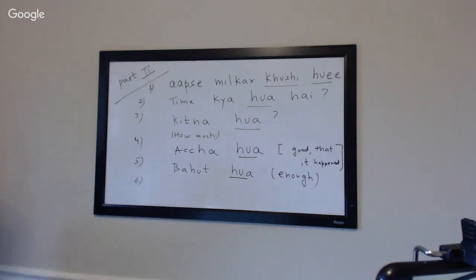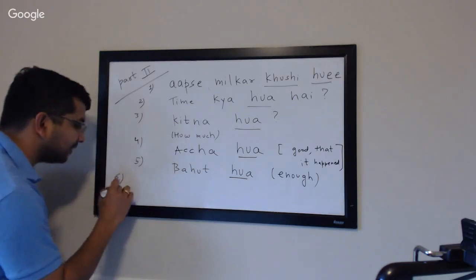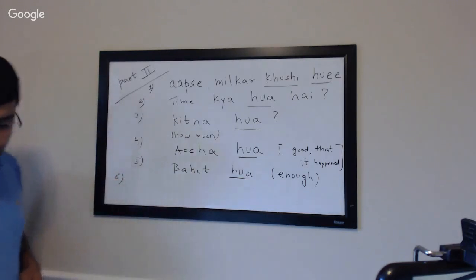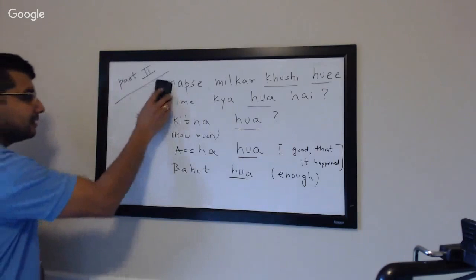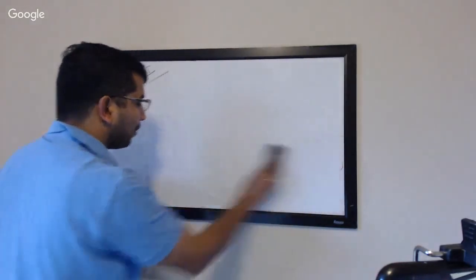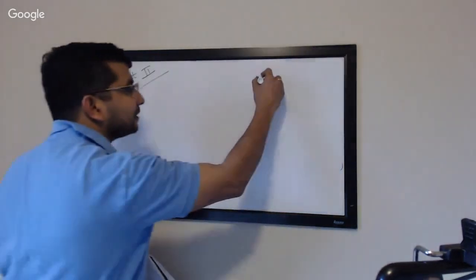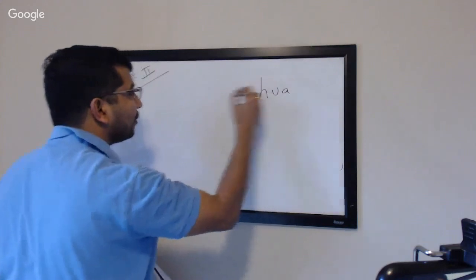If you remember, in the last class we covered all the interrogatives. So I'm going to erase it and cover the sixth one. All the other things we learned in the last class, where you use all the interrogatives with hua, are important.